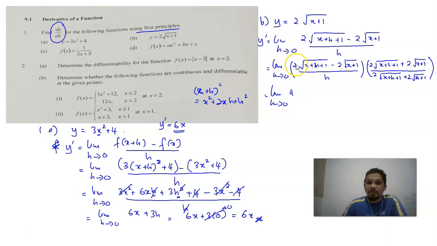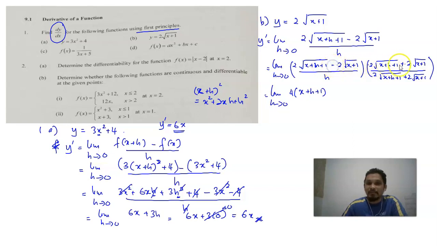So right now, 2 square root of this multiplied with 2 square root of this, and here x plus h plus 1: 4 square root times square root, then equal to 1, x plus h plus 1. Then 2 with this one positive, and 2 with this one negative cancel each other because it's a conjugate.